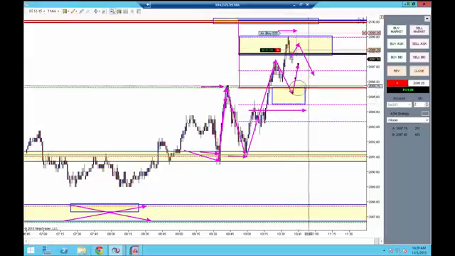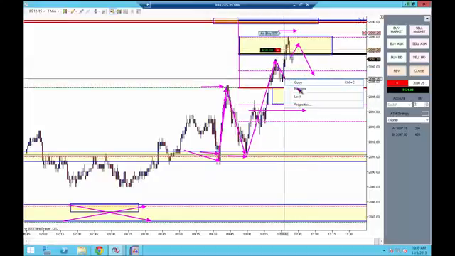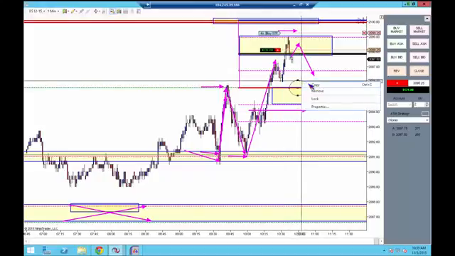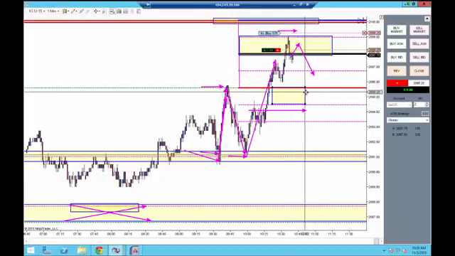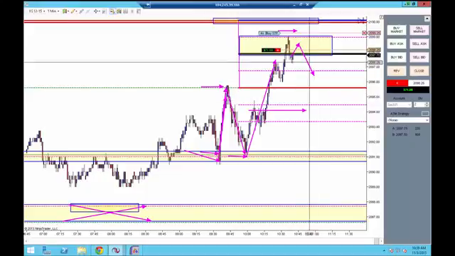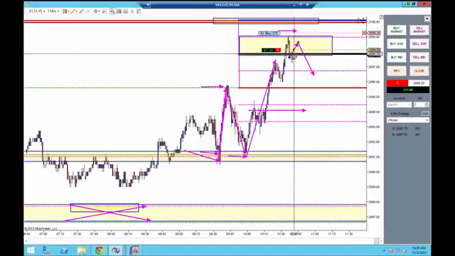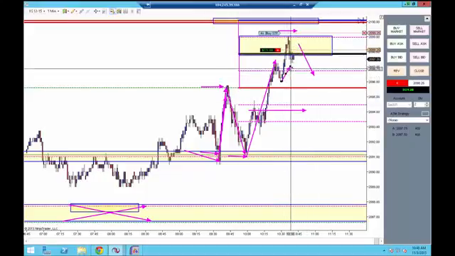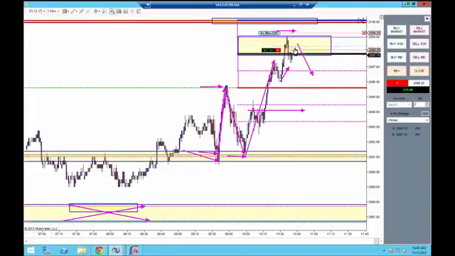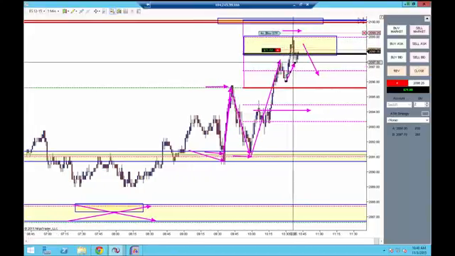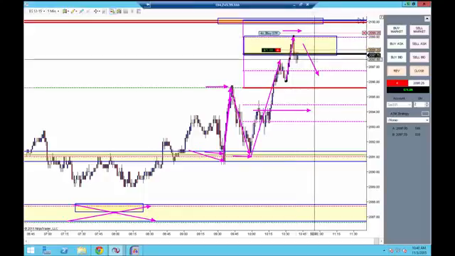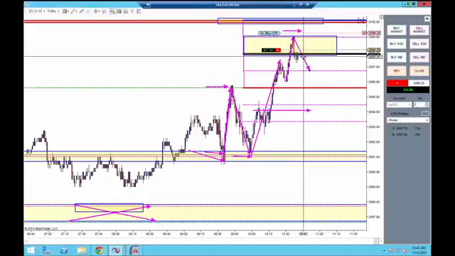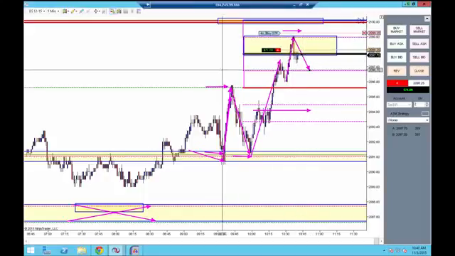So this didn't happen, right? That didn't happen. But this happened. Same thing. That's what we're looking at, right? Pretty much a push up into the zone and a push back down. Essentially, that's what we're looking at.